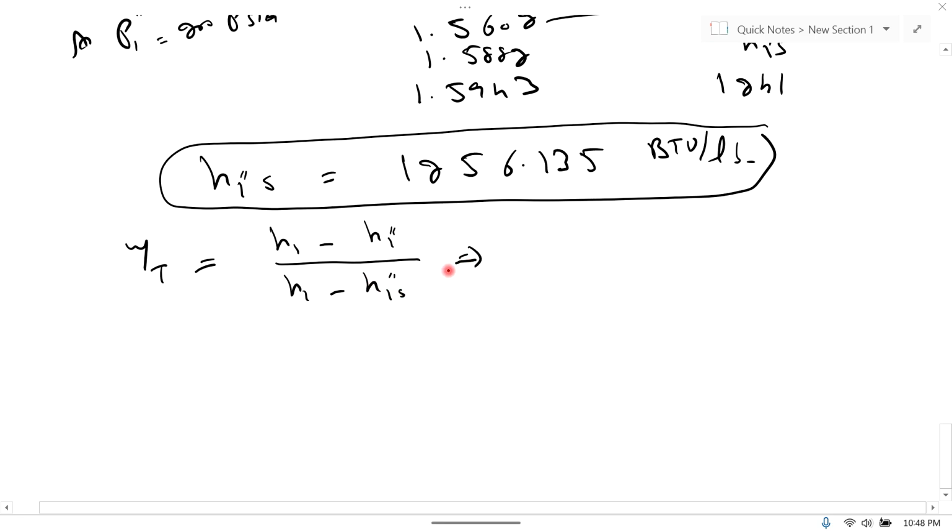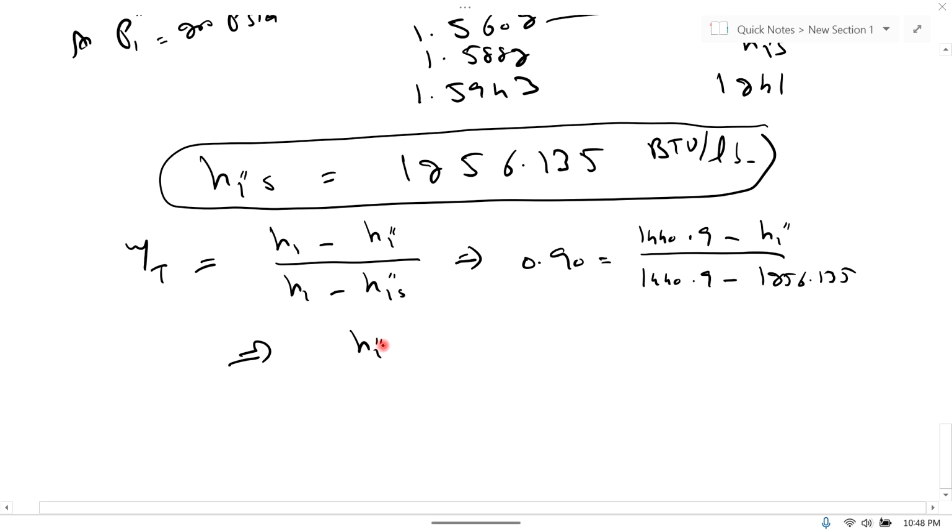Putting values, polytropic efficiency is the same for all turbines. H1 is equal to 1440.9. We have to find H1 double dash. H1 is 1440.9 BTU per pound mass, and H1S double dash is 1256.135. So simplify this and find H1 double dash.